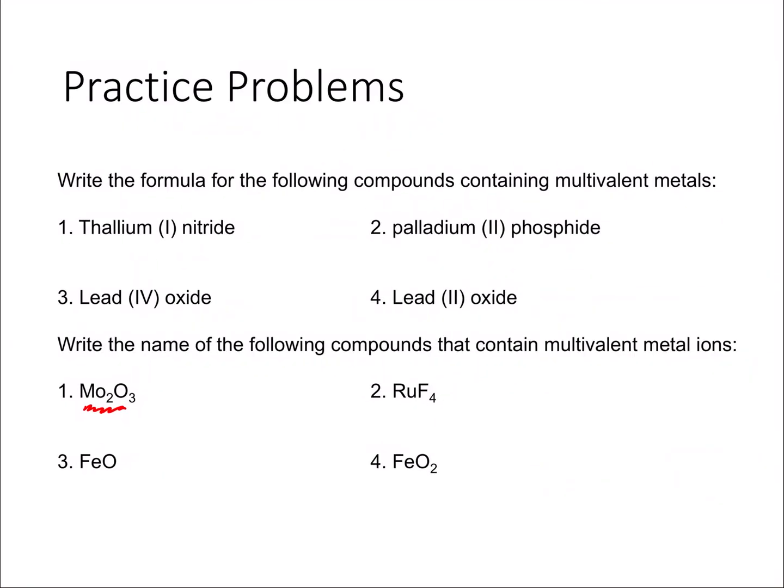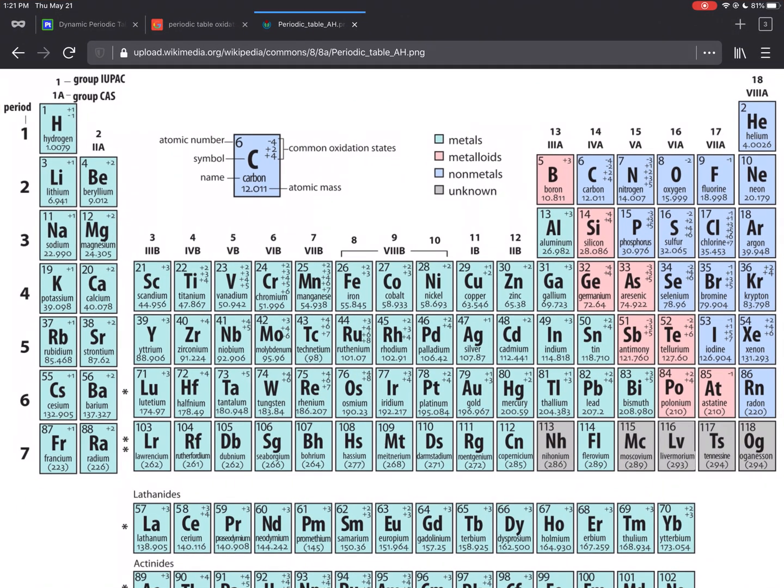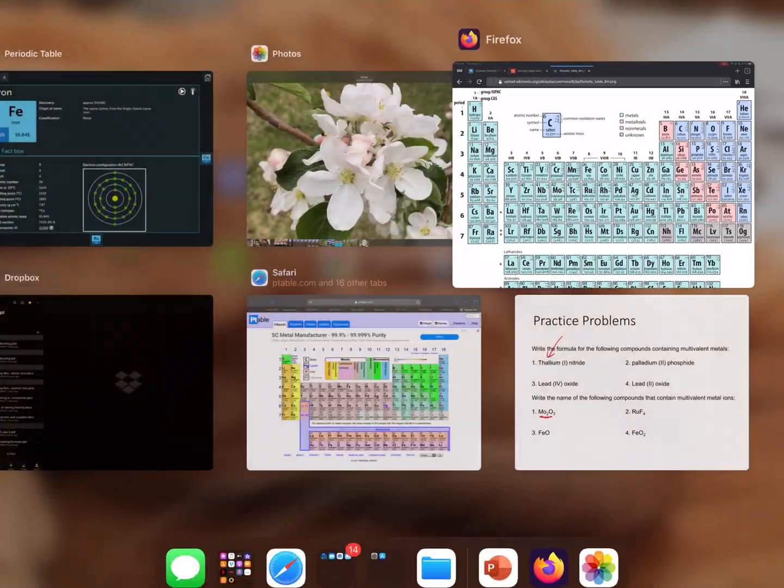But when we say thallium nitride, and I see that name, as soon as I see thallium, I know it's a metal, right? So thallium, you could always look up thallium. It can be a little bit hard to find, right? Put on your glasses, where's thallium? But here's a trick. If you're looking at thallium, based on nitride, nitrogen, if it's acting negatively, well, it's got to be the -3 charge.